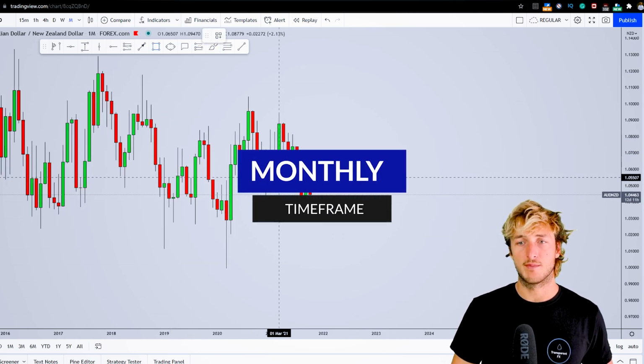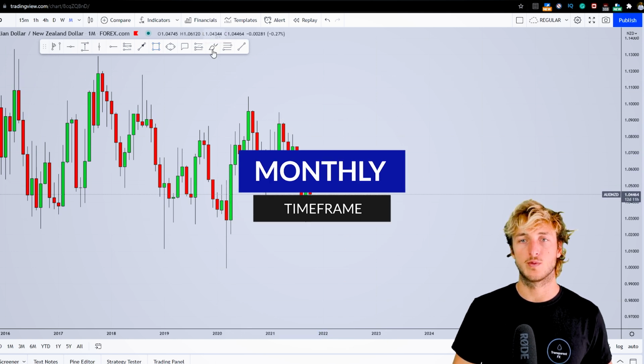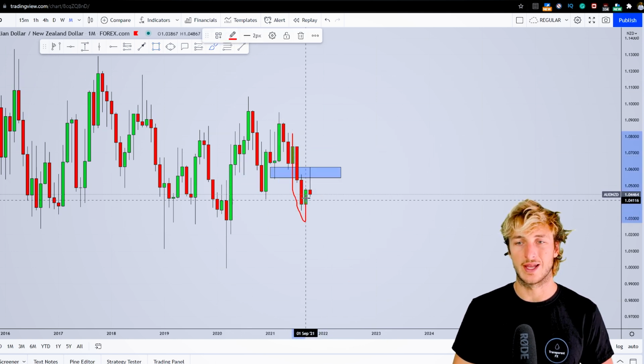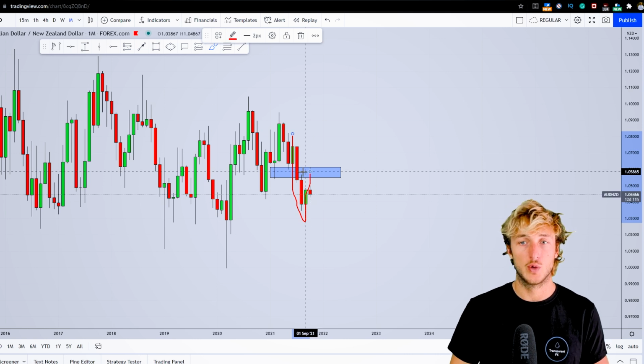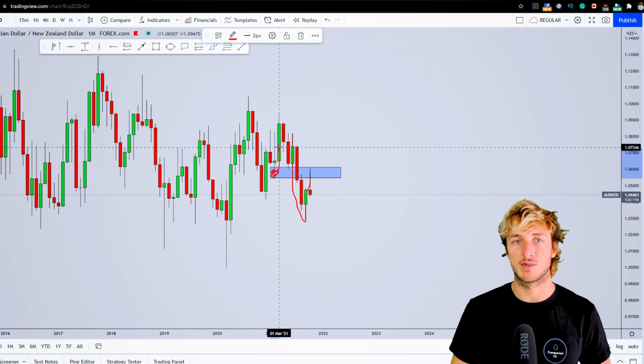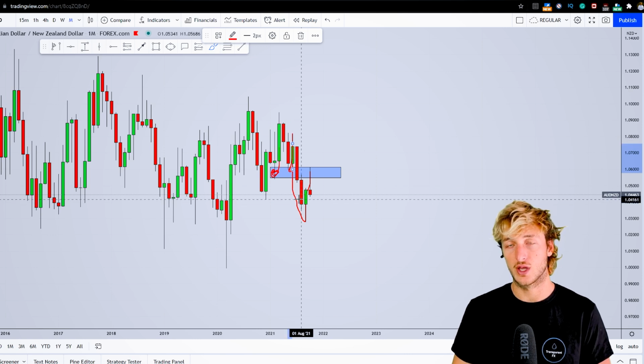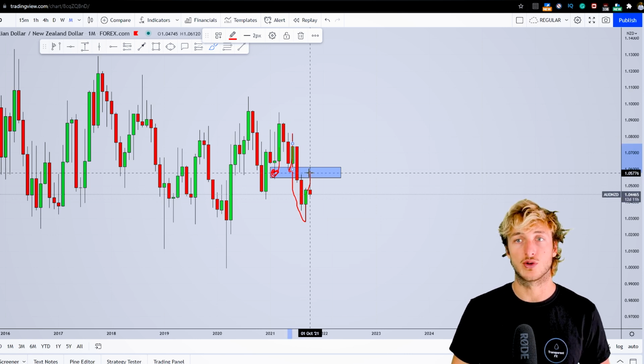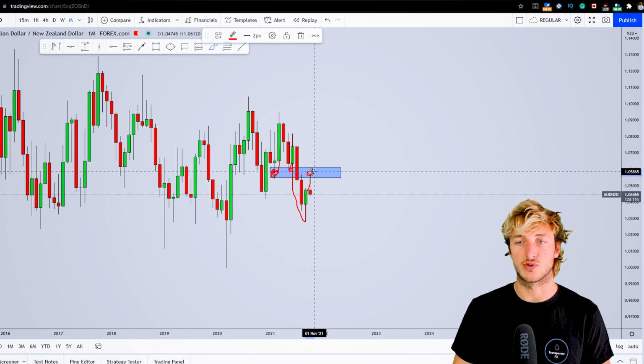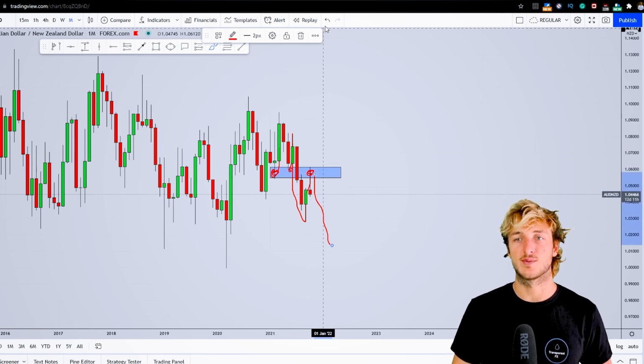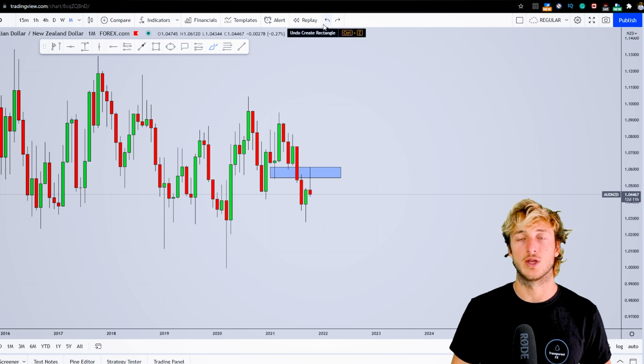Now, starting from the monthly, what we can see is that at the moment we have just created a strong impulse to the downside, followed by this correction, which has just tested this previous monthly support, and again support here, which obviously now that the market has broken it to the downside has turned resistance. And as we're testing and rejecting this previous support turned resistance, we can expect the market to provide more continuation to the downside.